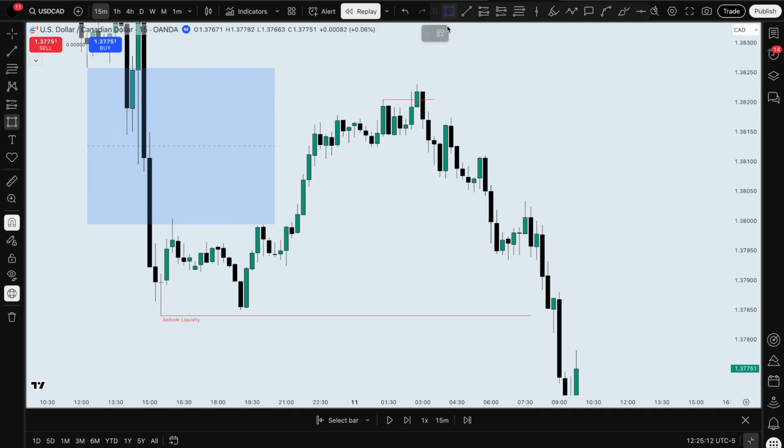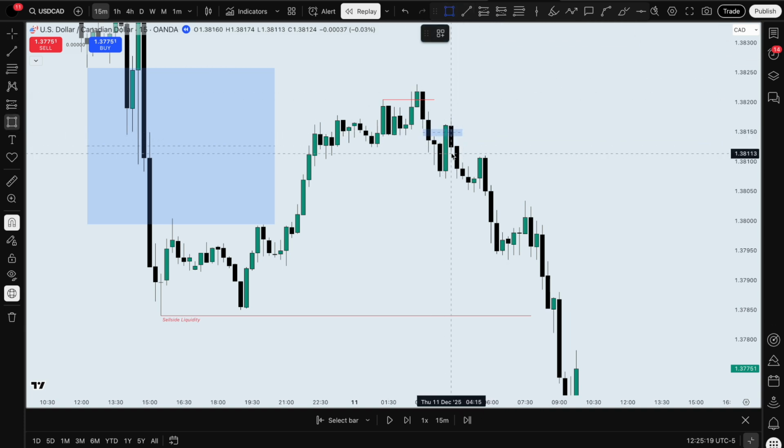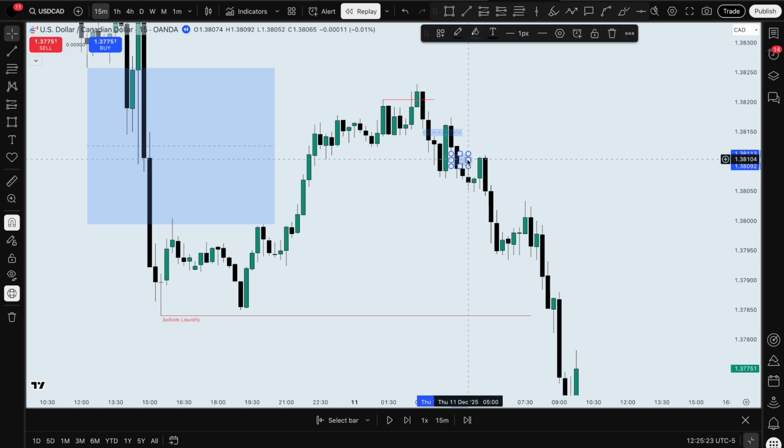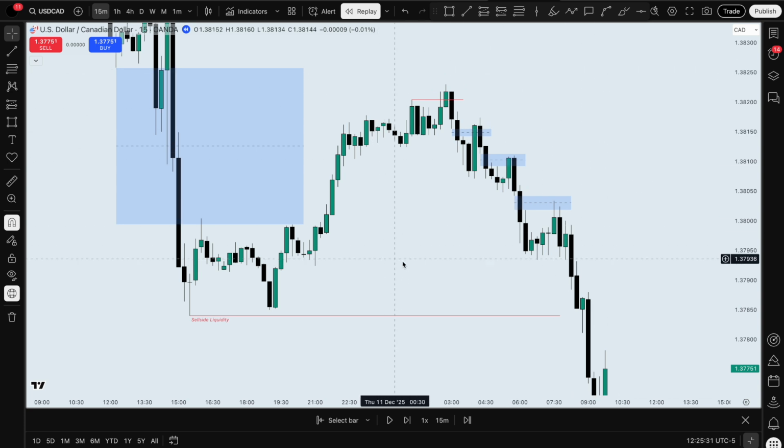So look, one FVG here, really clean, another one just below it, right there, okay, a last one here, and see basically how the price action is clean on the 15-minute time frame, right?